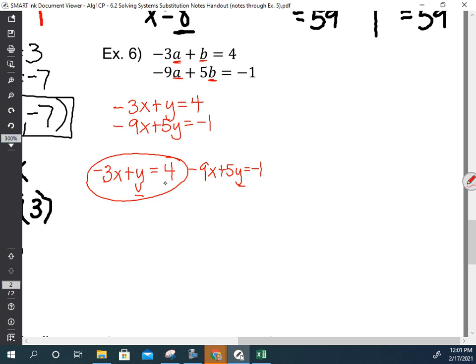So we're going to rewrite. Either x is by itself or y is by itself. So that's the first step.